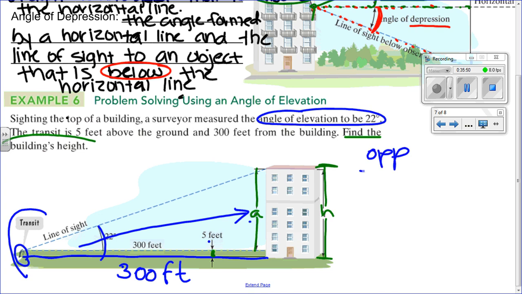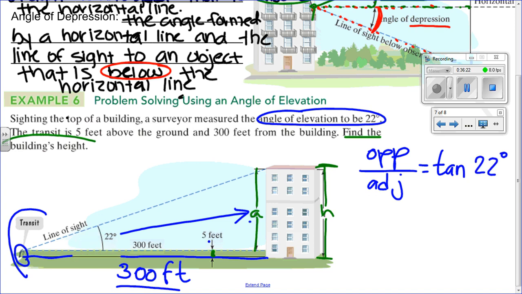So we have something opposite, and we know one number: the 300, and that will be the adjacent. Now, what trigonometric function of the 6 will have opposite divided by adjacent? Tangent. So that's going to be the tangent of the angle, and you don't have to use theta because we know the angle is 22.